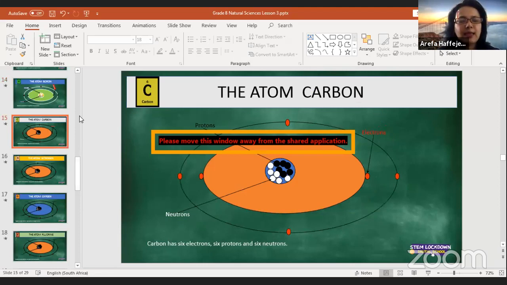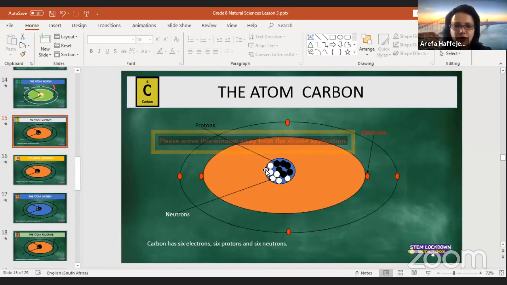So this carbon atom, it has 6 electrons, 6 protons, and 6 neutrons. So in here, in your nucleus, you'd see your 6 protons, your neutrons are 6, and then orbiting around are your electrons. So it's 1, 2, 3, 4, 5, 6.